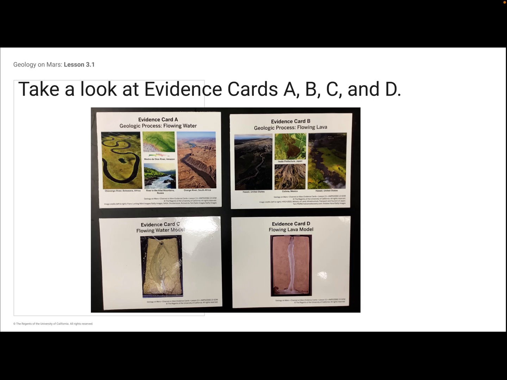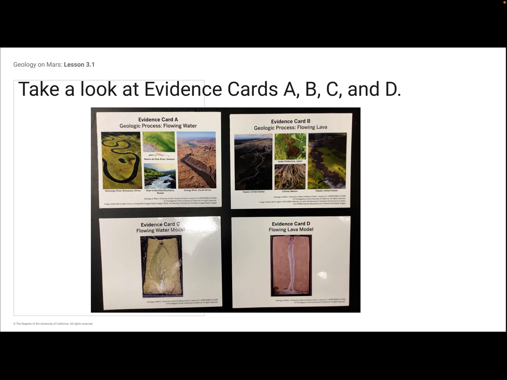In class, the kids actually had these evidence cards. They're labeled A, B, C, and D. If you look at evidence cards A and B, they're the evidence cards that we have from chapter 1 that showed the geologic processes. And these are just photographs that somebody took from an airplane.